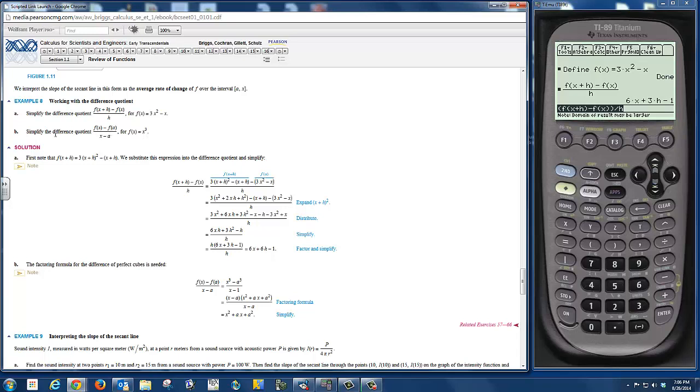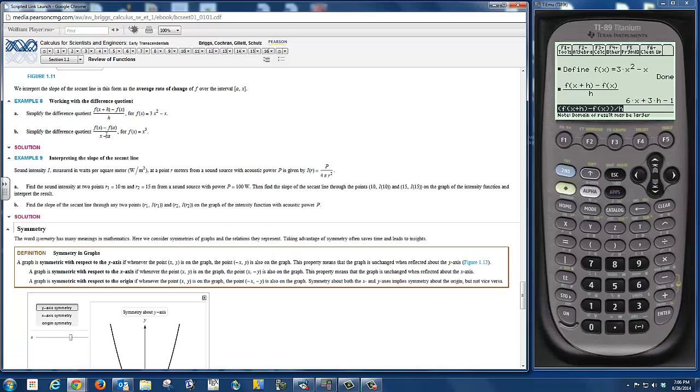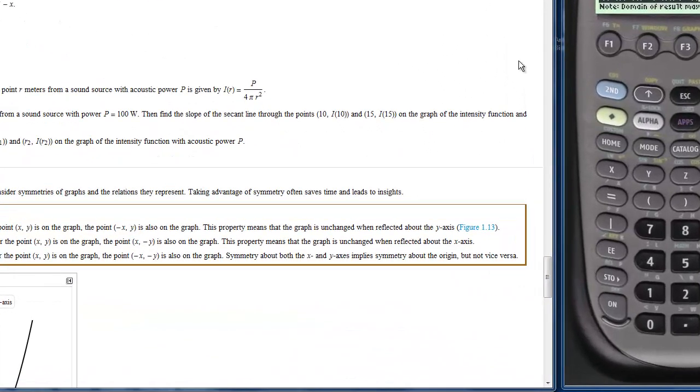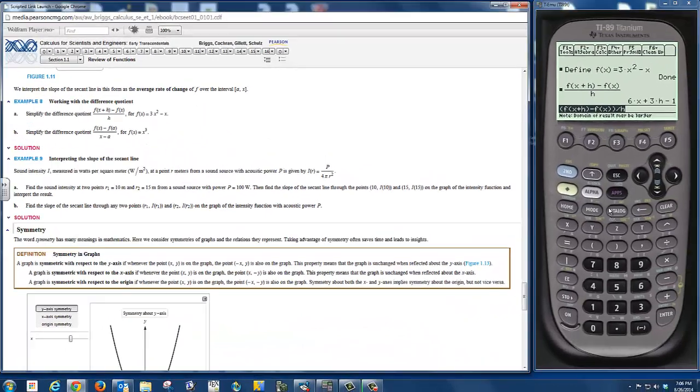Okay. Let's try it the other way. Let's do the difference quotient the other way that they mention, f of x minus f of a over x minus a. Well, now it's a new function, so we need to redefine. So F4, define f of x equal to x cubed.